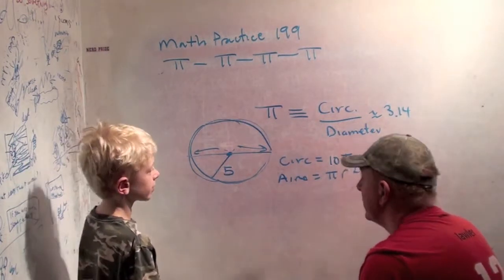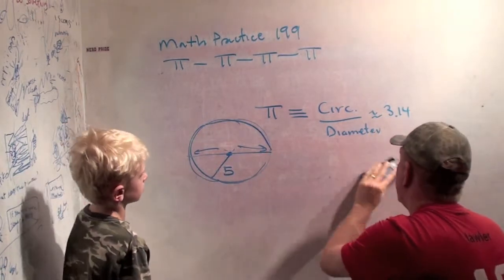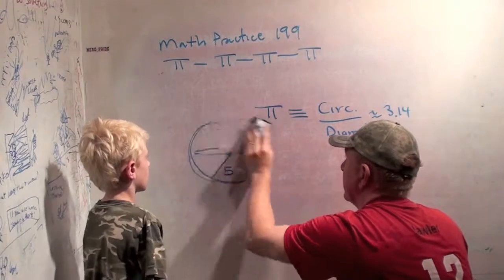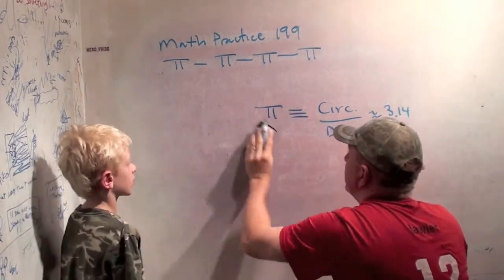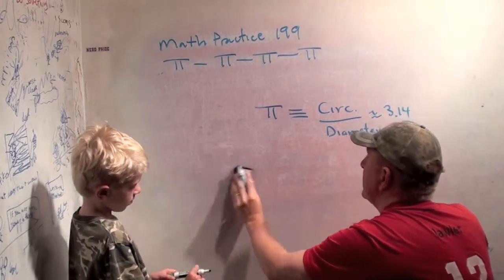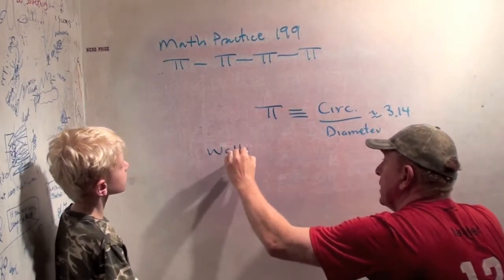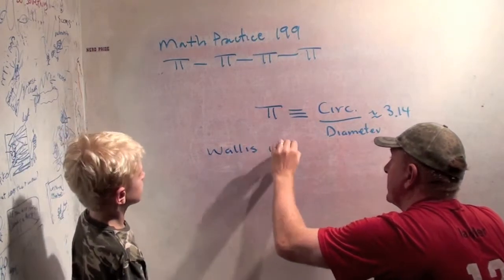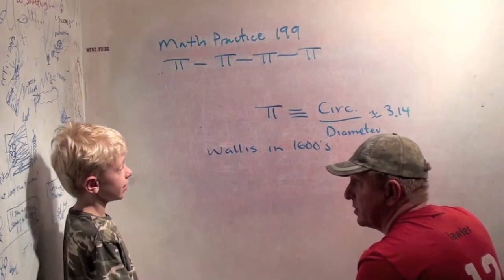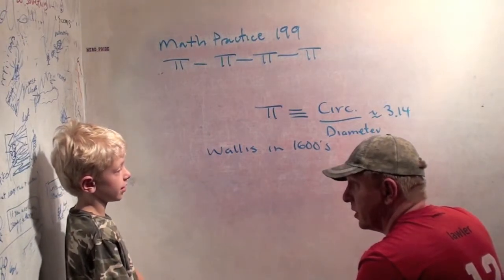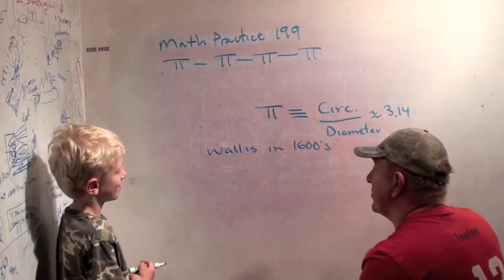Cool. Now, pi also has some interesting features not obviously related to circles, but maybe secretly related to circles. There was a guy named Wallis in the 1600s, so a long time ago, before Minecraft. He developed a formula for pi.